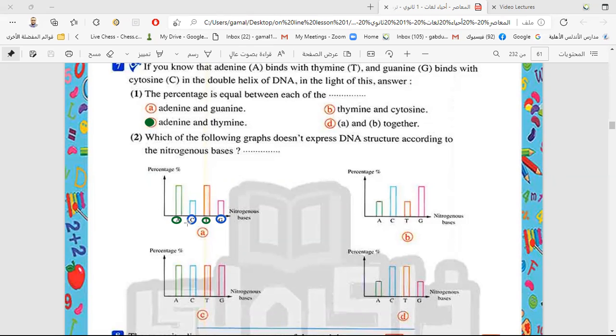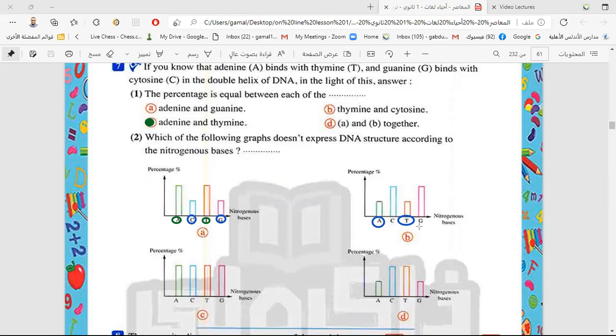But let's focus on the other one. A and T and C and G, we have different numbers, but A equals T and C equals G. The percentage of A and T is equal, and the percentage of C and G is equal.